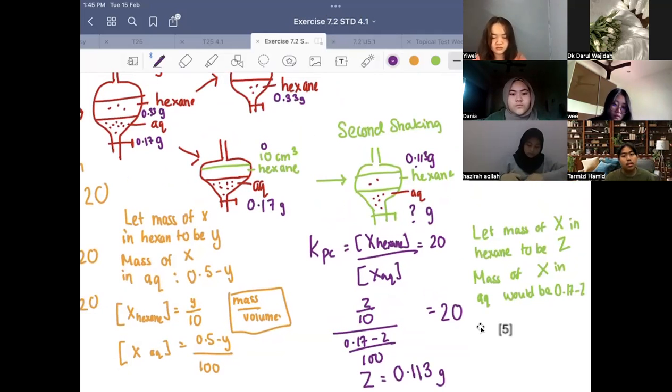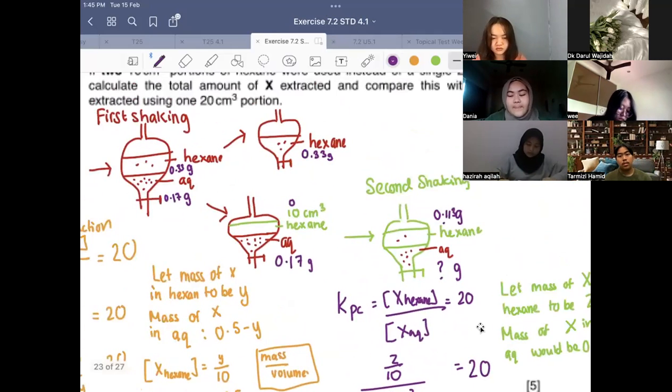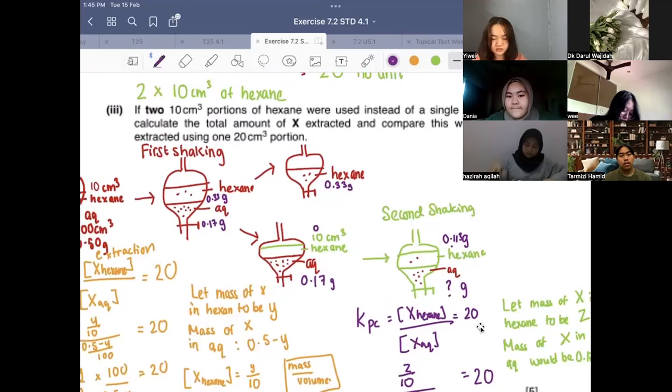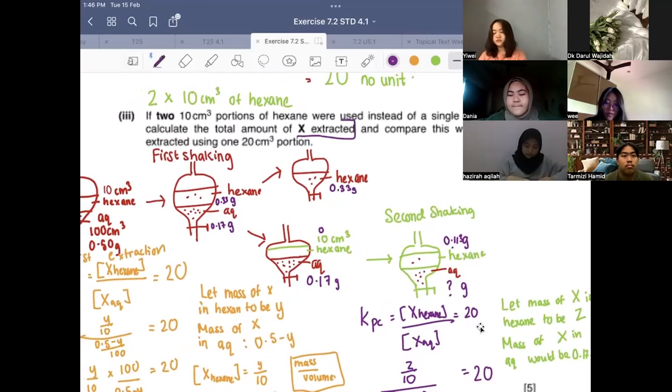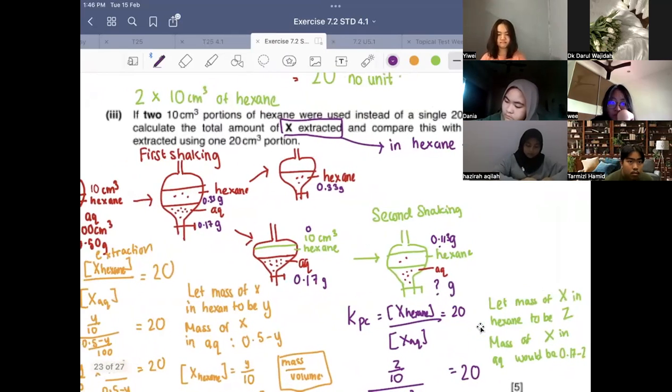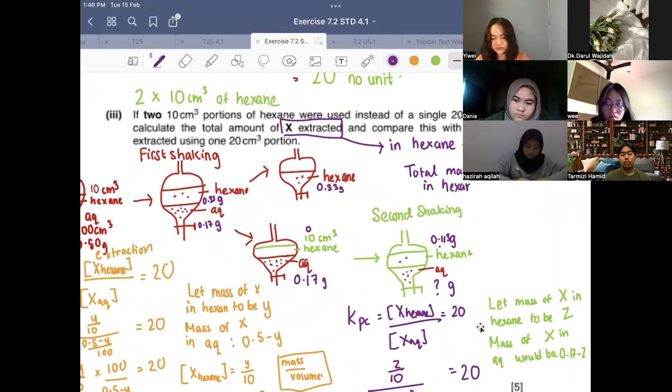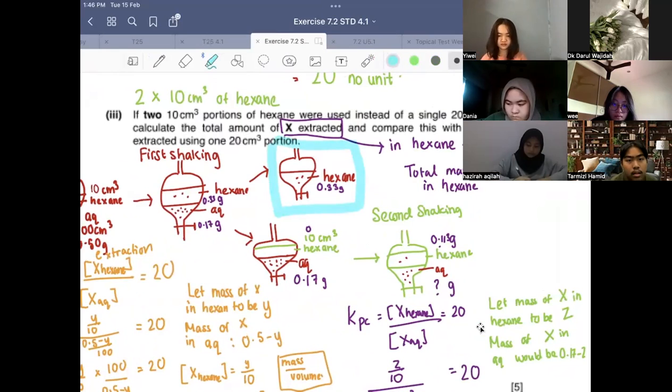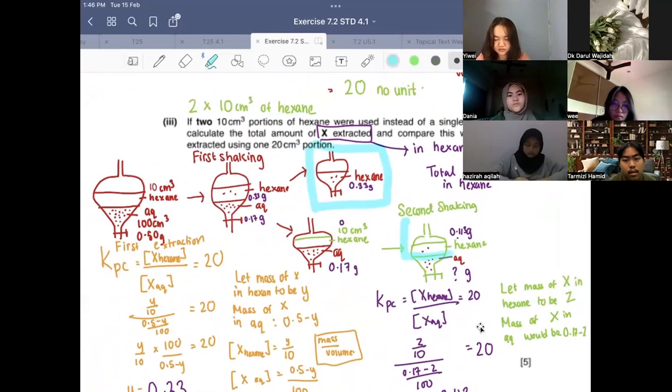I'm actually not interested in the aqueous part, really, because the question says, calculate the total amount of X extracted. If in the future you're wondering extracted where, extracted in hexane. So the total mass of X in hexane would be, let me highlight it, this one, 0.33 grams plus 0.113 grams.